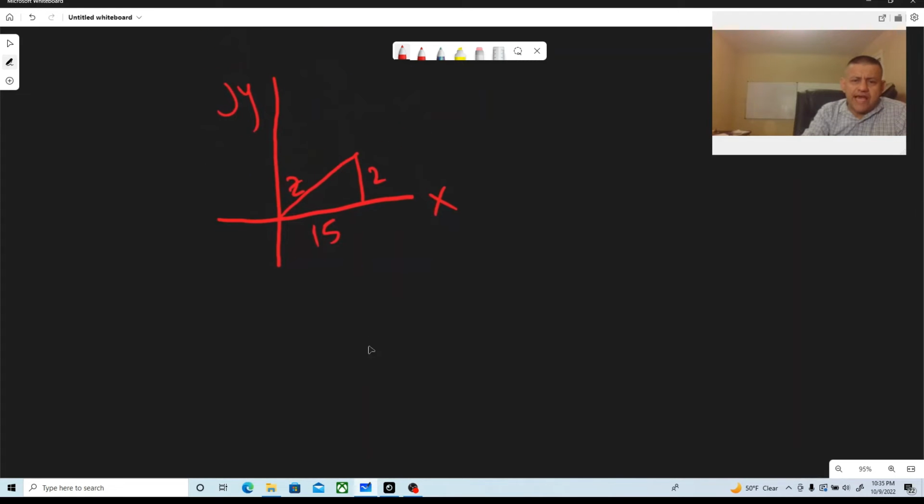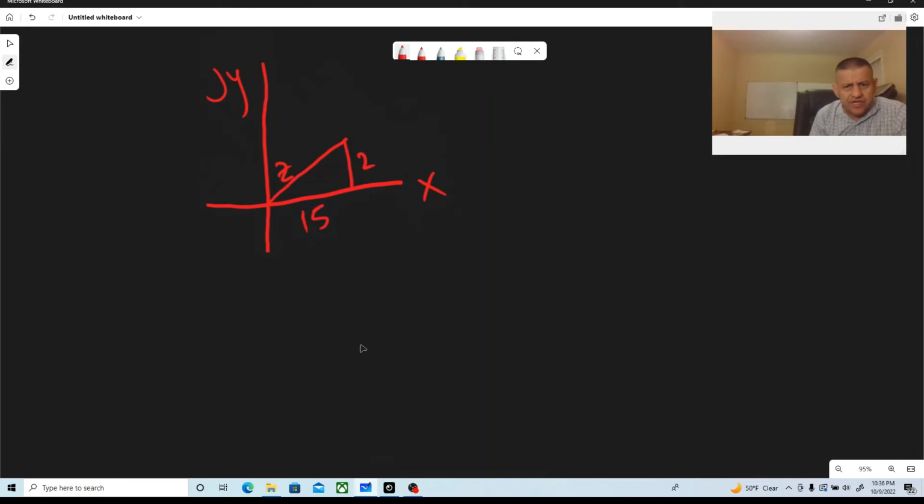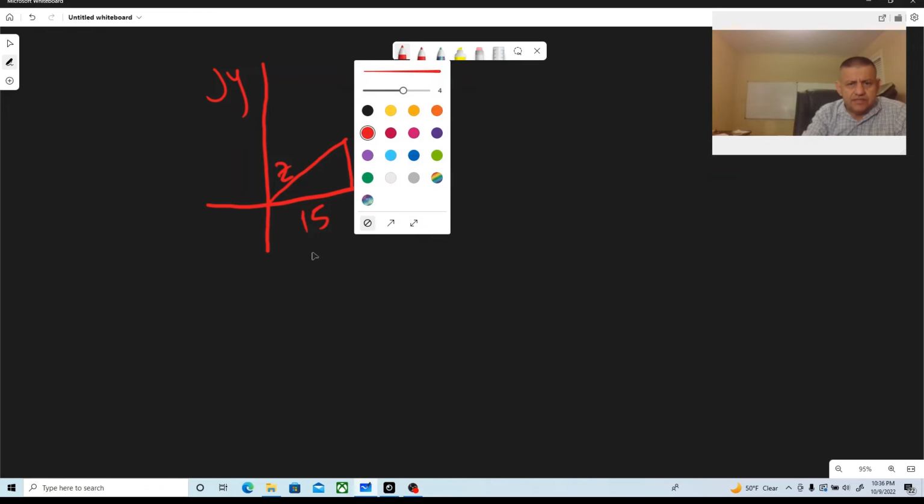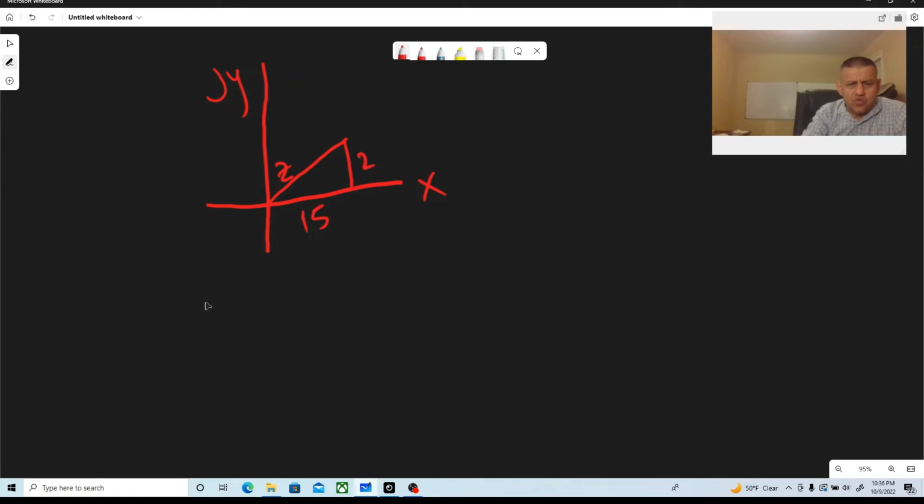So we're looking for this angle right here, which is the angle theta, right? We can say that the angle theta is equal to the tangent inverse of the imaginary part over the real part.